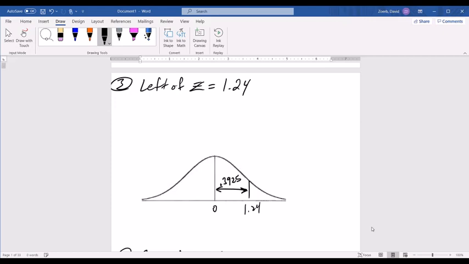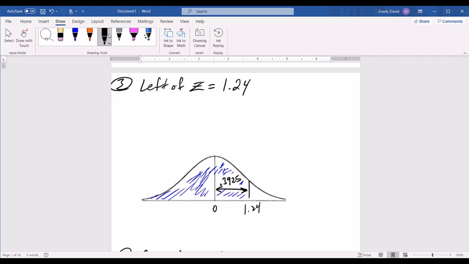Now this said it wants to the left of this, which means it's wanting all of this part here, and all of this right here. But all we have is from 0 to there. Well, the 0 mark splits this picture in two.